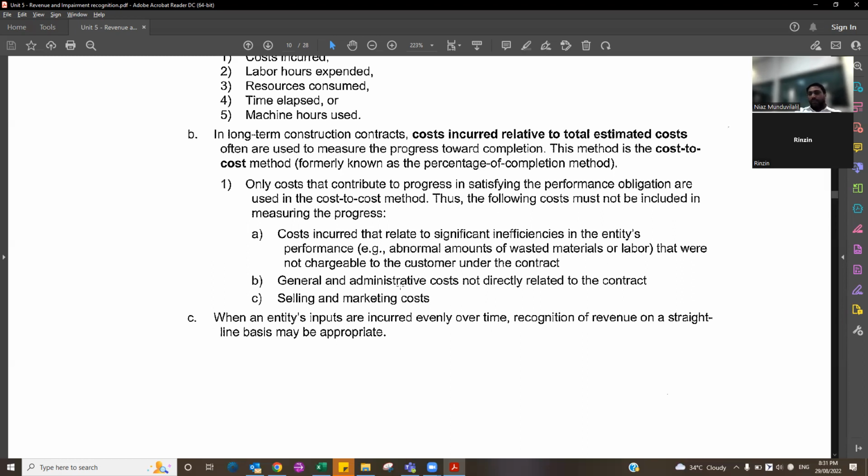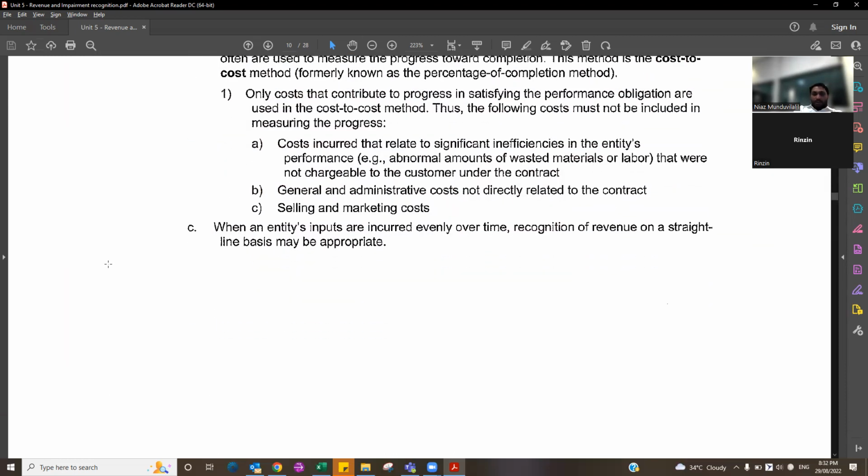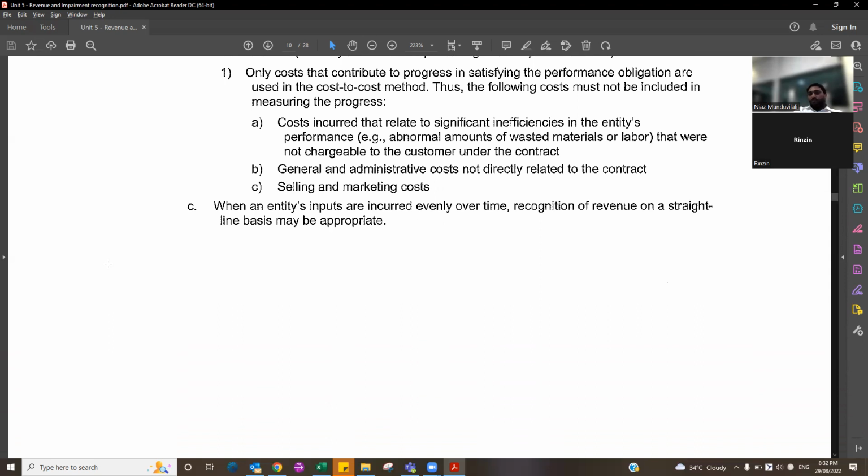Then general and administrative costs not directly relating to the contract. Then selling and marketing costs. For example, I am constructing only one house, but I am advertising for 100 houses. I can't charge all the cost to this particular project. When an entity's inputs are incurred evenly over time, recognition of revenue on a straight-line basis may be appropriate. Clear?